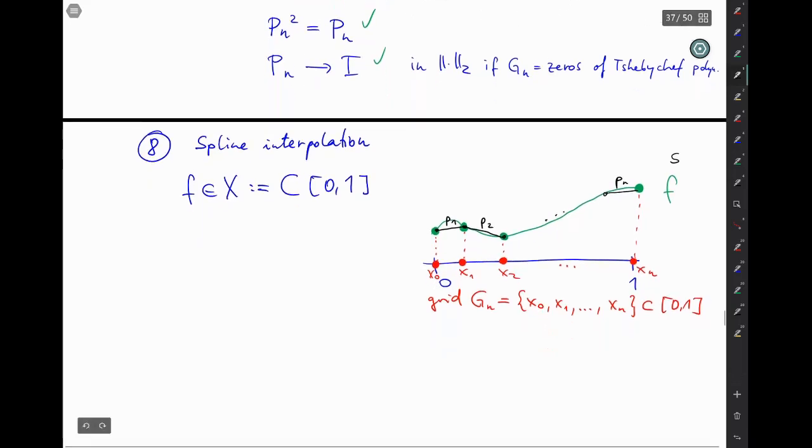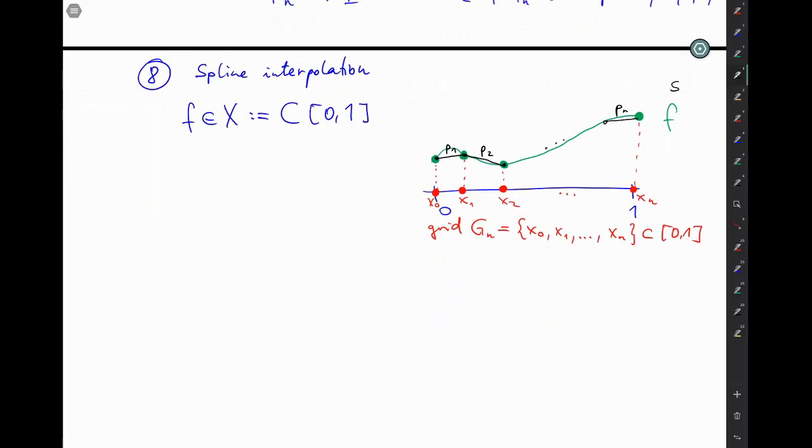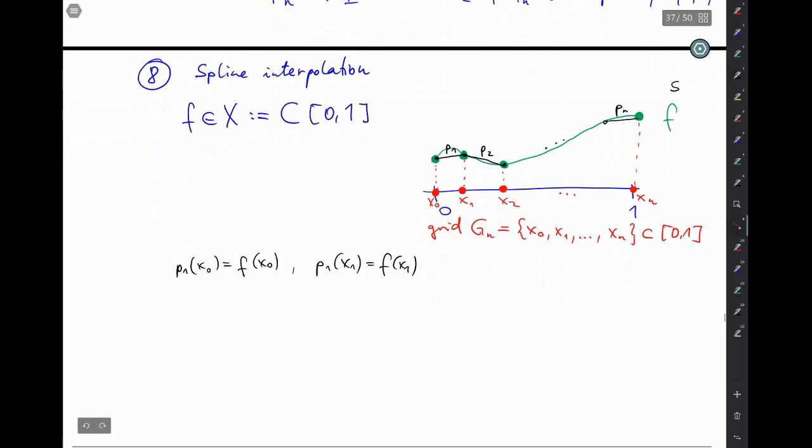And the typical conditions that you formulate would be that the polynomial P1 has at the two endpoints of its subinterval x0 to x1 the same values as the function f has, right? So you have point x0 the same as function f, and at point x1 the same as function f.